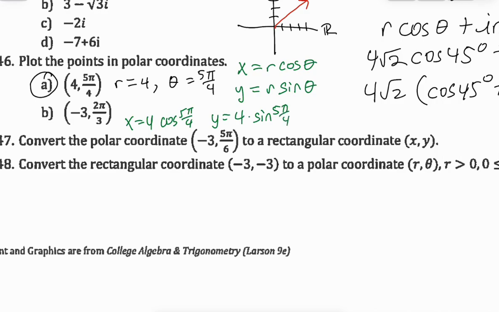Now let's talk about the point 5 pi over 4. 5 pi over 4 is in the third quadrant. It is related to our 45, but they're both negative. So it'd be negative square root of 2 over 2, negative square root of 2 over 2. So just plop those in. X is going to be 4 times negative square root of 2 over 2. Y is also going to be 4 times negative square root of 2 over 2.